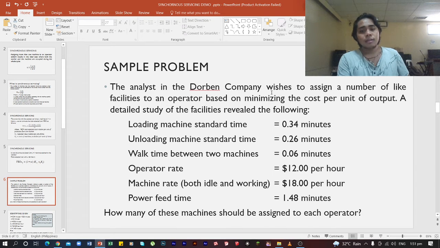Unloading machine standard time is 0.26 minutes. Walking time between two machines is 0.6 minutes. Operator rate is $12 per hour. Machine rate, both idle and working, is $18 per hour. And power feed time is 1.48 minutes. The question is, how many of these machines should be assigned to each operator?